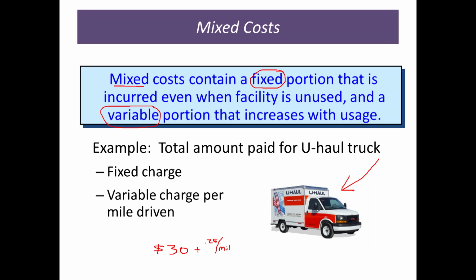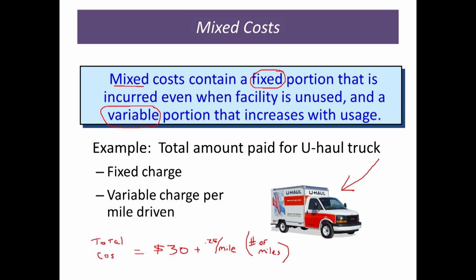That's the level of activity in this case, right? And then you take that times the number of miles that you go, and that gives you your total U-Haul cost. Isn't that how that works?